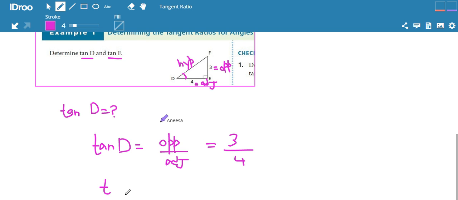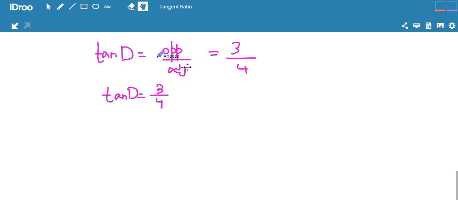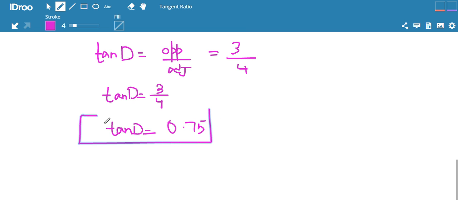So tangent D is equivalent to 3 over 4. You can calculate it, and you find out 3 by 4 is 0.75. So tangent D is 0.75. That's what we have to find.